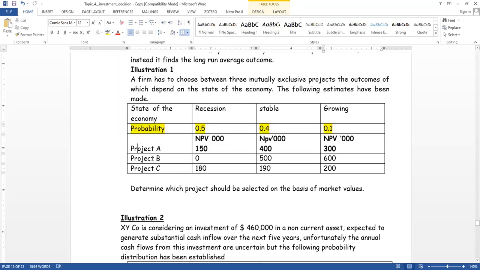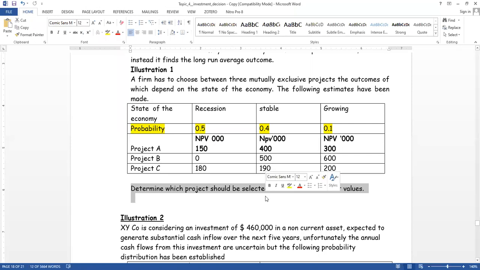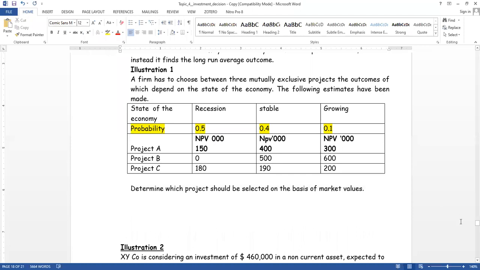Then you have the project A, project B, project C. So they're saying determine which project should be selected on the basis of expected values. So we need to compute the expected value.